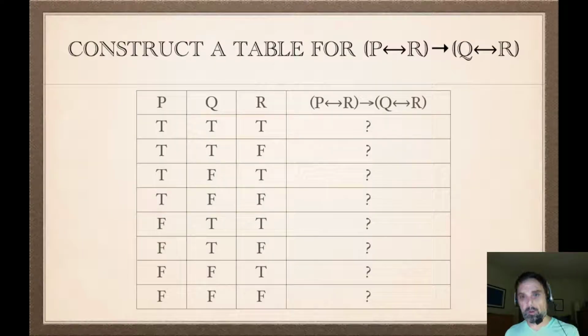So for example, let's say we have the sentence P if and only if R, then Q if and only if R. On each of the different rows of the truth table, we have a different combination of truth values for P, Q, and R. And then on each of those rows, the big sentence has one truth value.